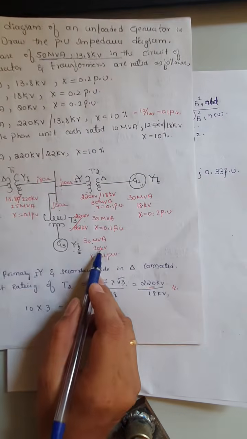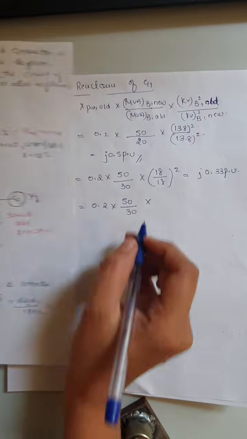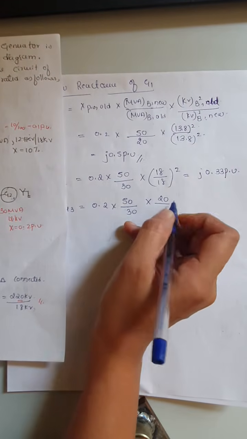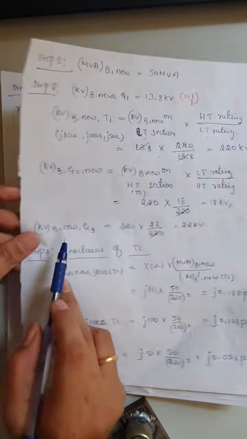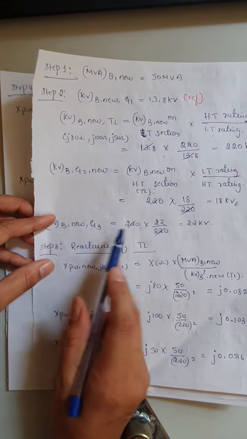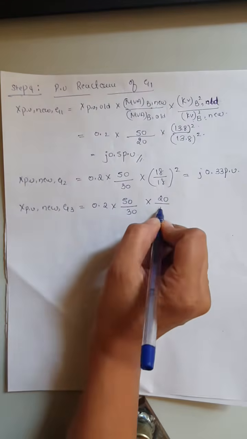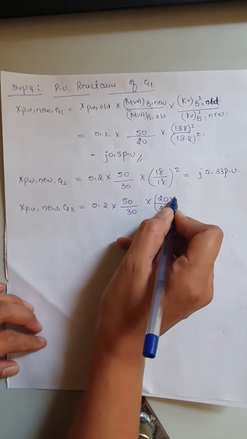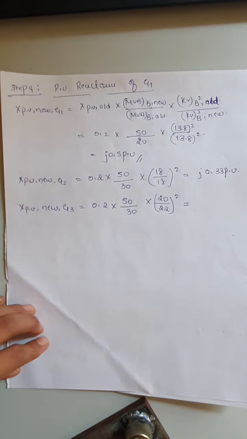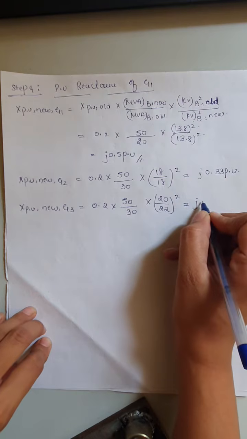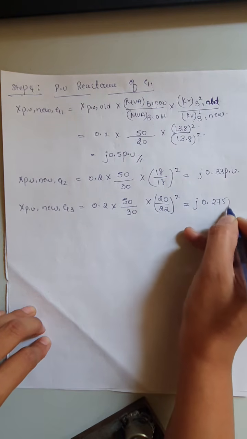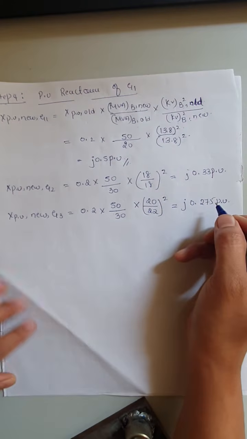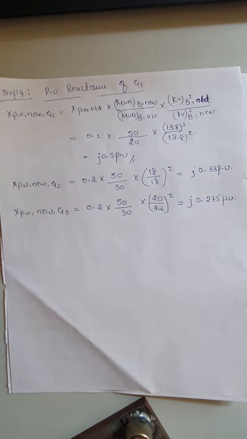Old is the given value, 20, divided by kilovolt base square new for generator 3. Kilovolt base new for generator 3 is 22 kilovolt. Now substitute and we'll get the final value as J 0.275 per unit. So this completes the reactance calculation for the generators.